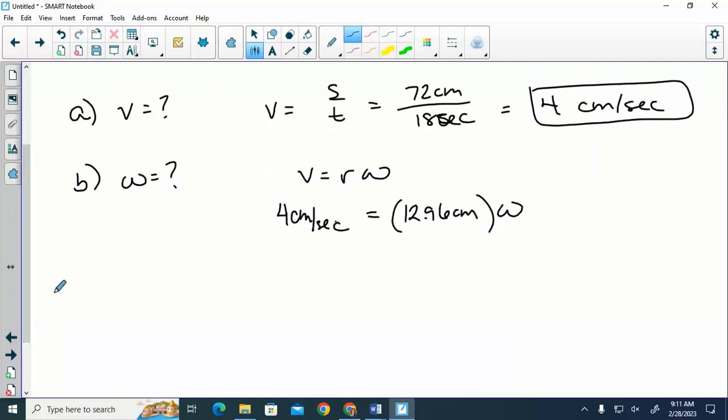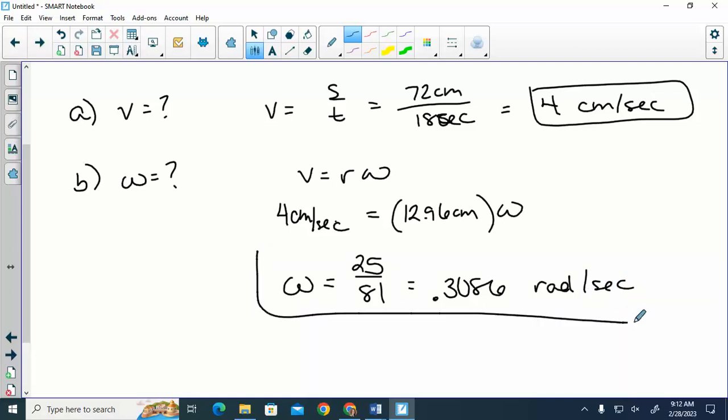So we divide by the 12.96. In fraction form, that's 25 over 81. Or if you actually divide it out, it's about 0.3086. And that would be radians per second. And I asked for radians per second, so that's our final answer.